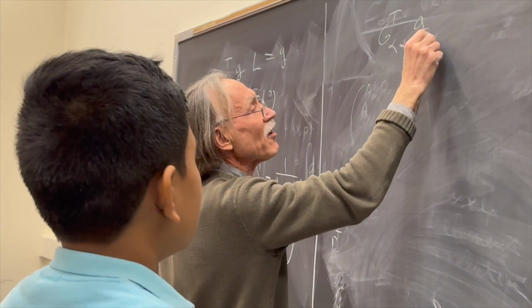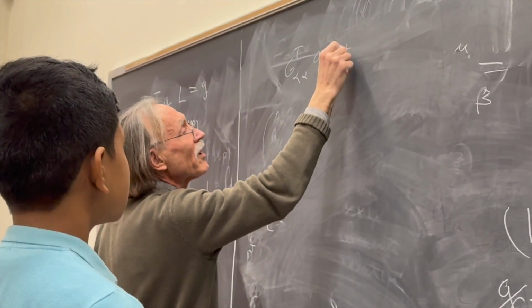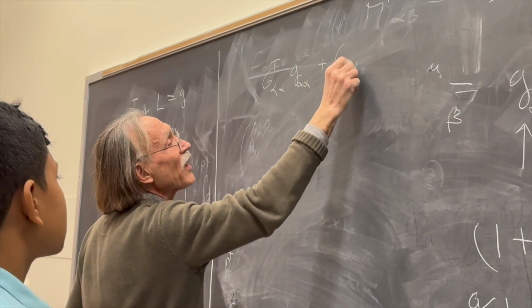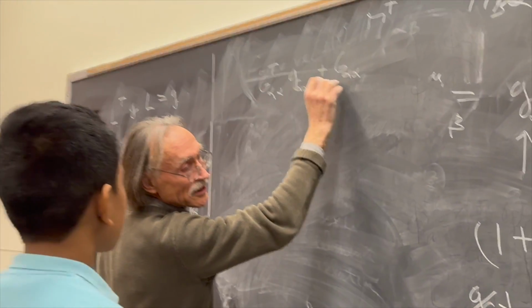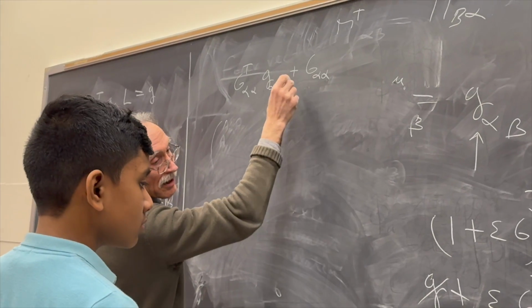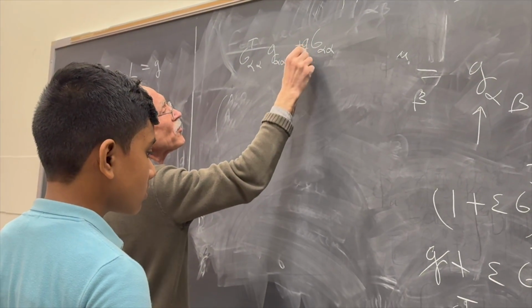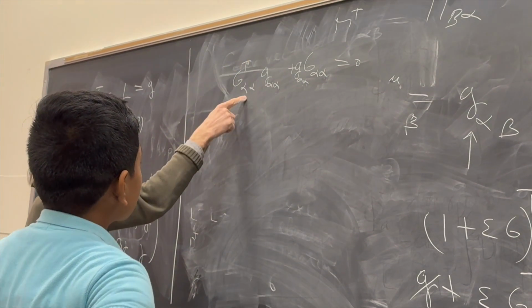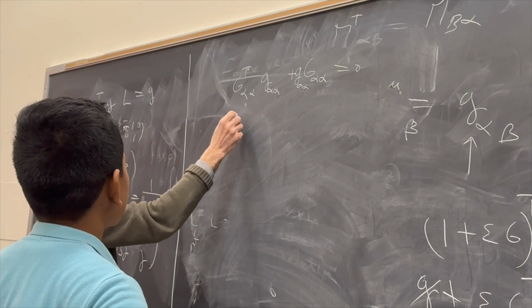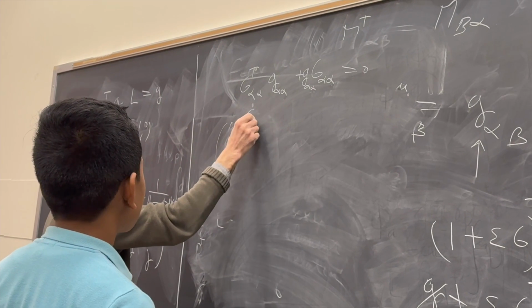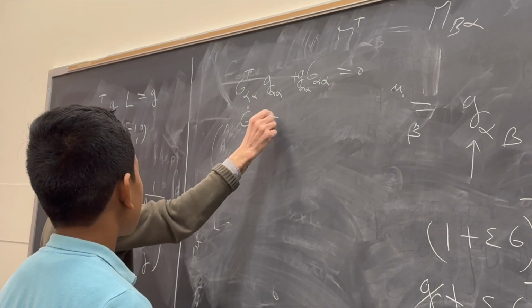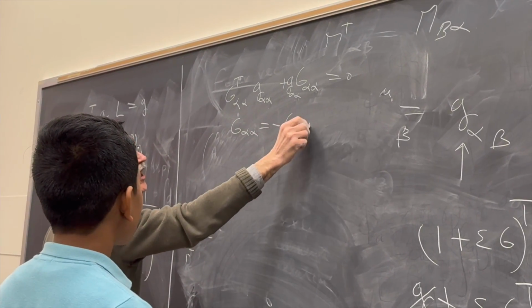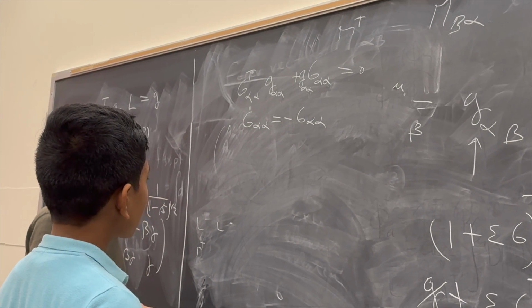I look at the alpha alpha element of these things, and this is also diagonal, so they're all alpha, and that is equal to 0. The transpose of the diagonal elements doesn't change, so what we get then is G alpha alpha is minus G alpha alpha. So what is G alpha alpha?